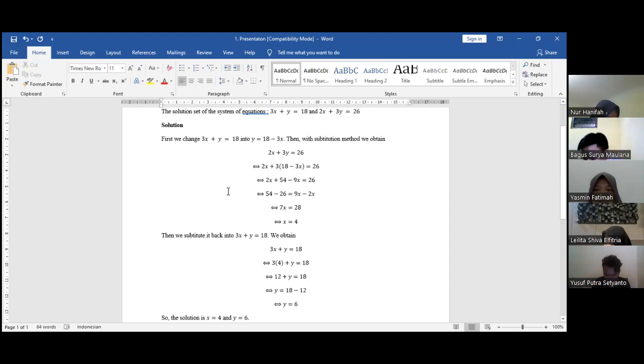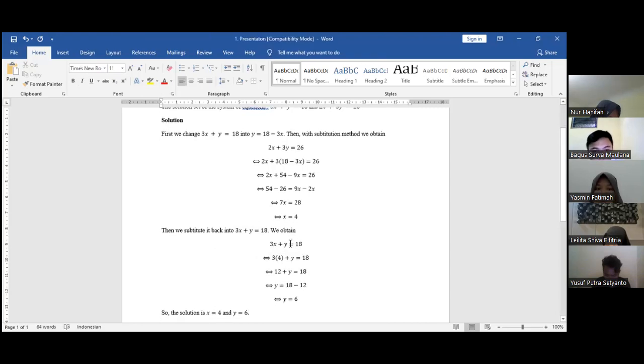Then with the substitution method, we obtain 2x plus 54 minus 9x equals 26. After some calculation, we get x equals 4. After that, we substitute it back into 3x plus y equals 18 and obtain y equals 6. So the solution is x equals 4 and y equals 6.